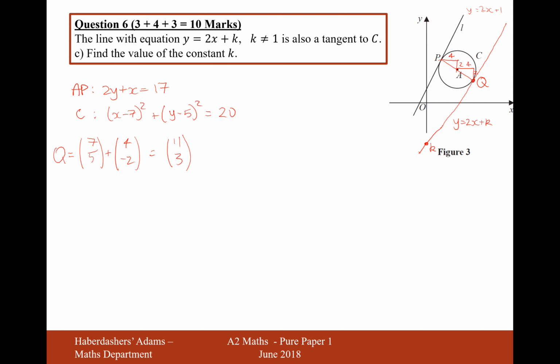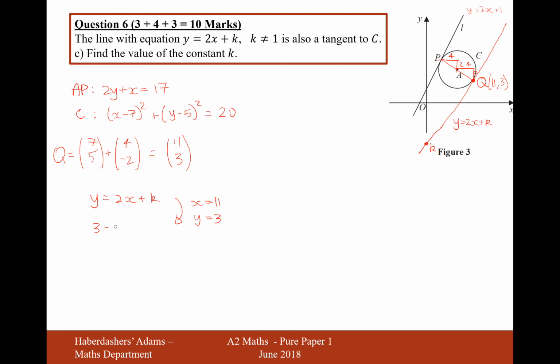So I've now got the coordinate of 11, 3, and I can now work out what the k value is going to be. I've got y equals 2x plus k, and I now know that when x equals 11, y is equal to 3. That's the coordinate I've just worked out. This coordinate here is 11, 3. So now I've just got y equals 2x plus k and a coordinate, so I can plug the x value in and the y value in to work out what k is.